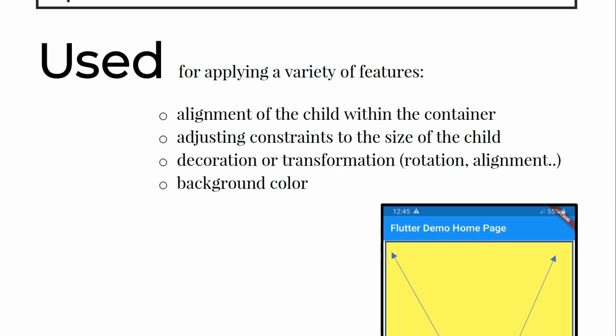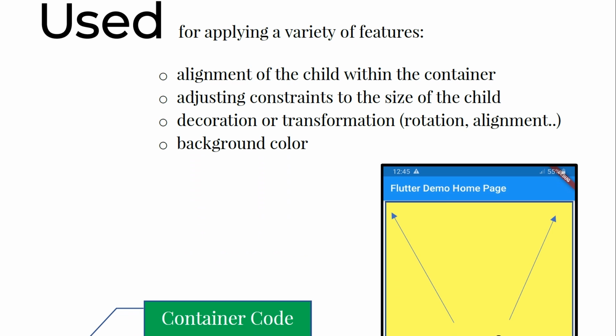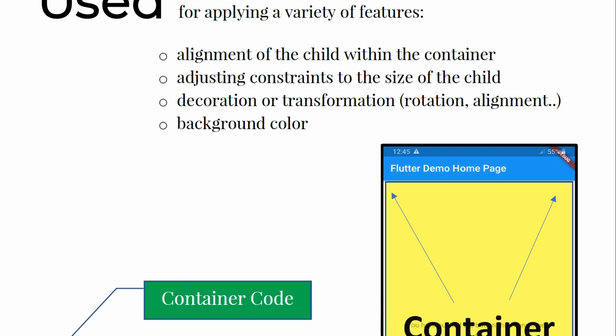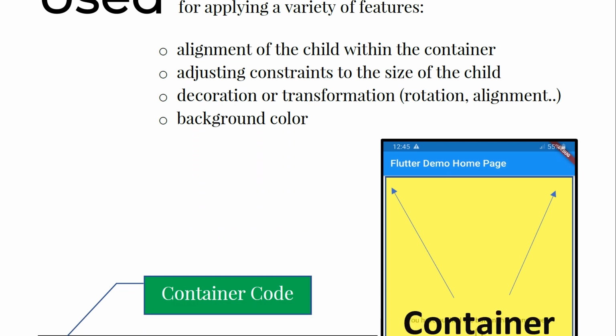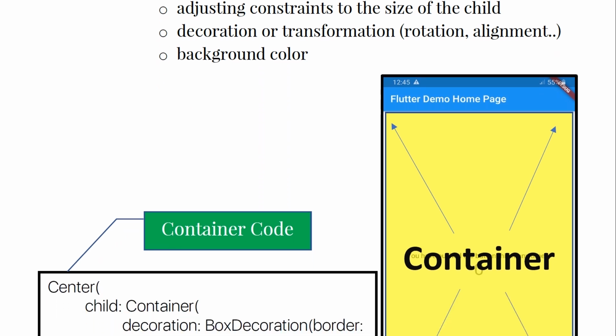So what are these styling properties and how will they work? We use containers for applying a variety of features, like alignment of the child within the container, adjusting constraints to the size of the child, and decoration or transformation, rotation, alignment, or background colors.